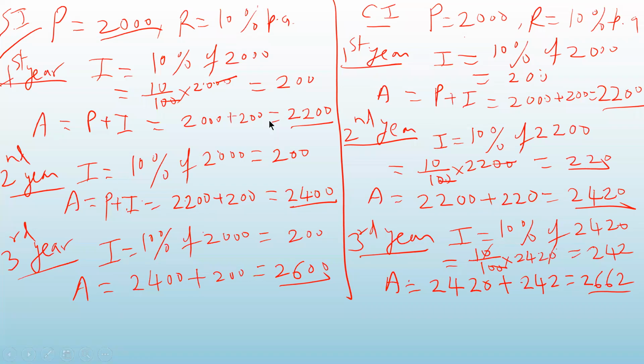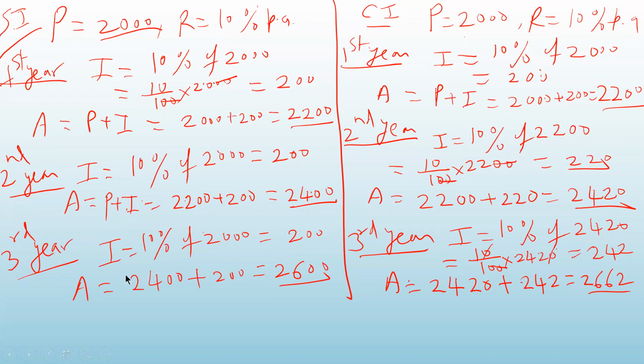So by taking one simple example, I have tried to explain that the amount and interest in compound interest is always more than in simple interest. I have calculated only up to 3 years, but generally people keep their money for a longer period.